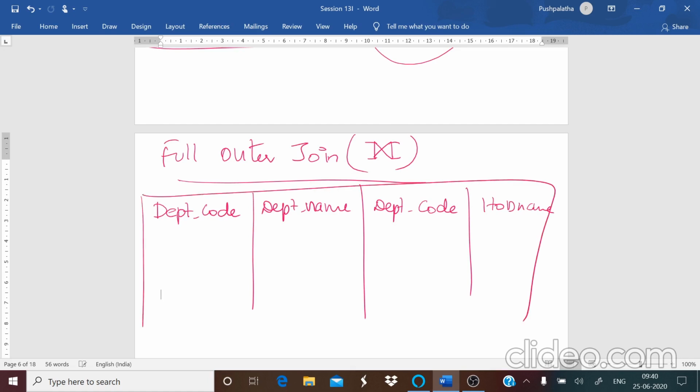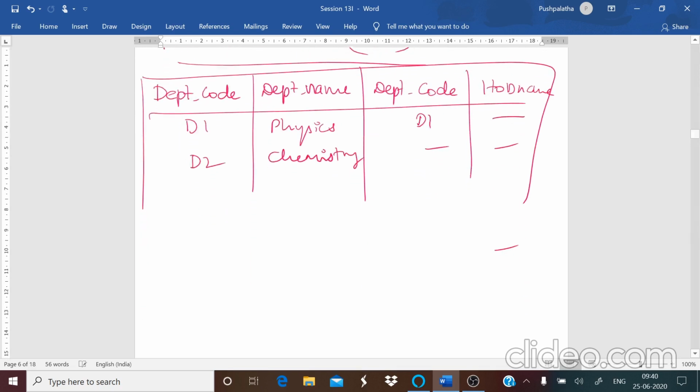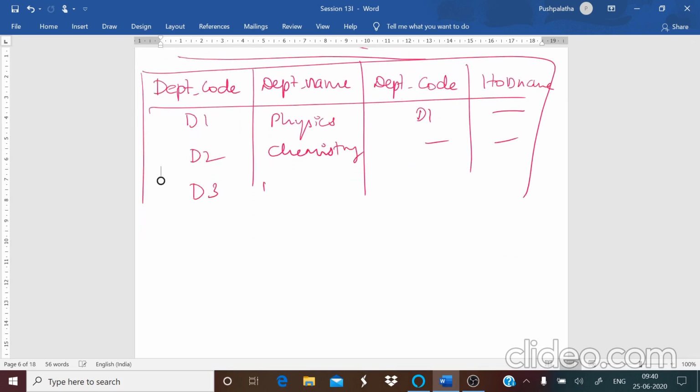So D1 physics, D1 you have a name. D2 chemistry, D2 is not present here. Then D3 maths, D3 you have a name here. D4 computer science, you don't have anything here.